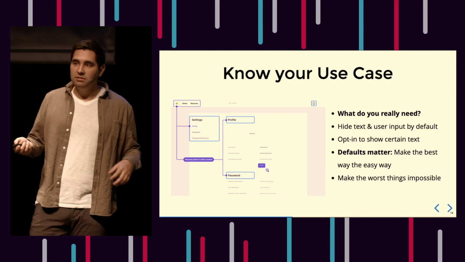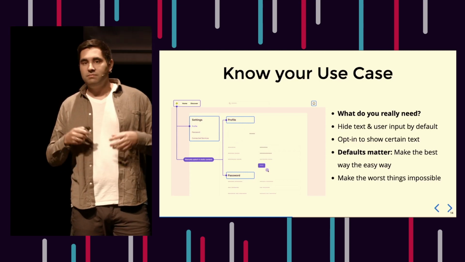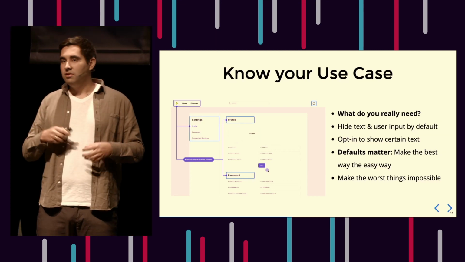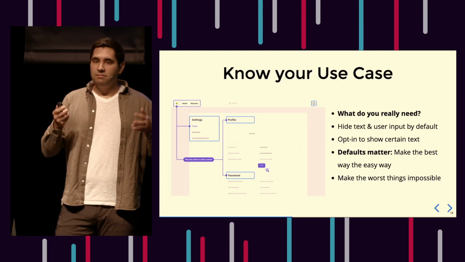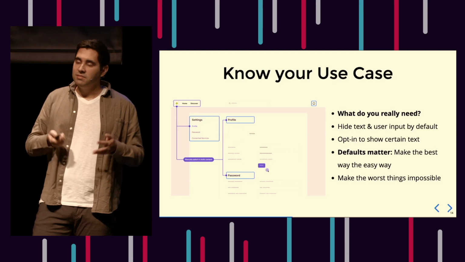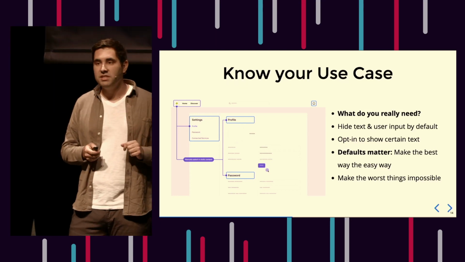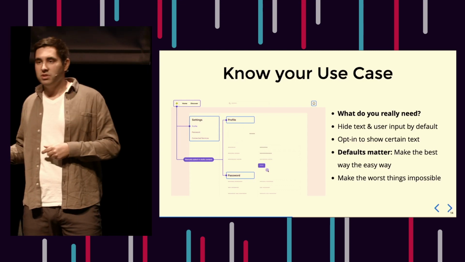And defaults matter, because most people don't change their defaults. So this also applies if you build a component for a component library or some other piece of code that is maybe used in different applications or whatever. Whatever you decide are the defaults is what most people will end up using. And another part of this is that it can also be helpful to think about things that should not be possible.